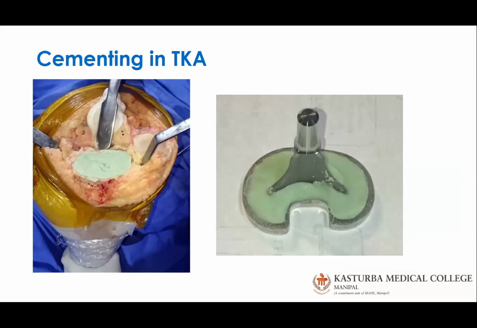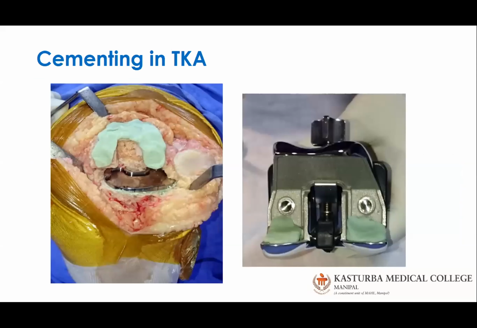Ideally, cementing both the surface of the bone and also the full surface of the processes, including the stem, is ideal. But there are no randomized controlled studies to prove this.